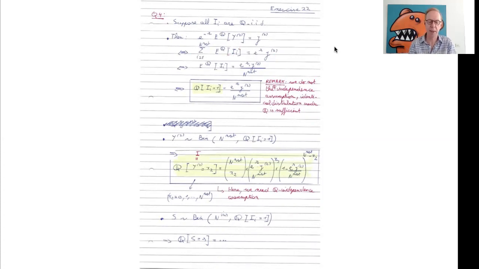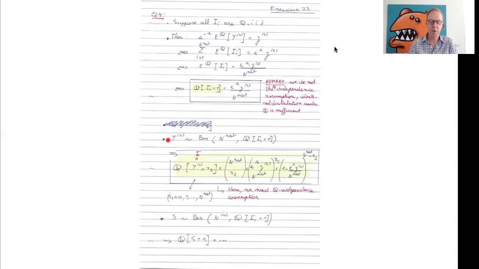So the expectation under Q of Ii is e to the power r multiplied by Y2 divided by n notional. So we find that Q, the probability that Ii is 1 under the measure Q, is given by this expression. Remark, we do not need the Q independence assumption here. Identical distributions under Q are sufficient for the Ii's.